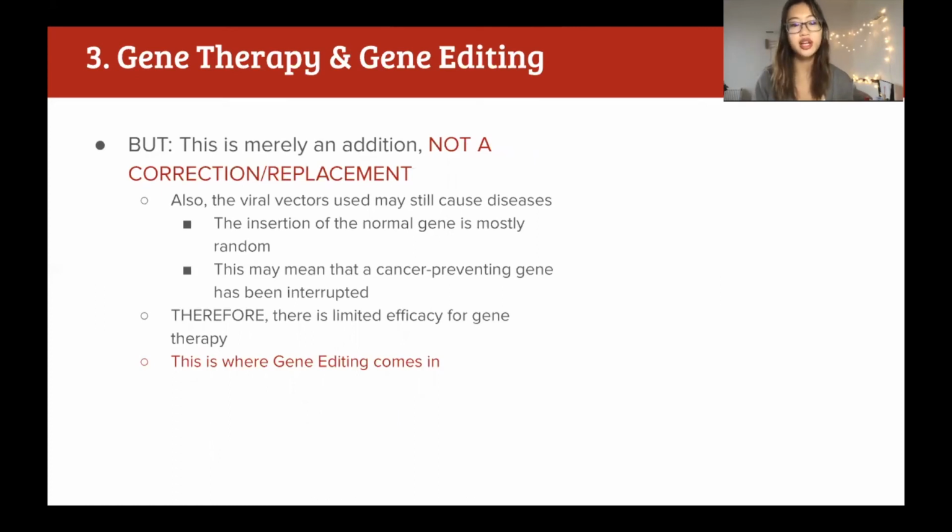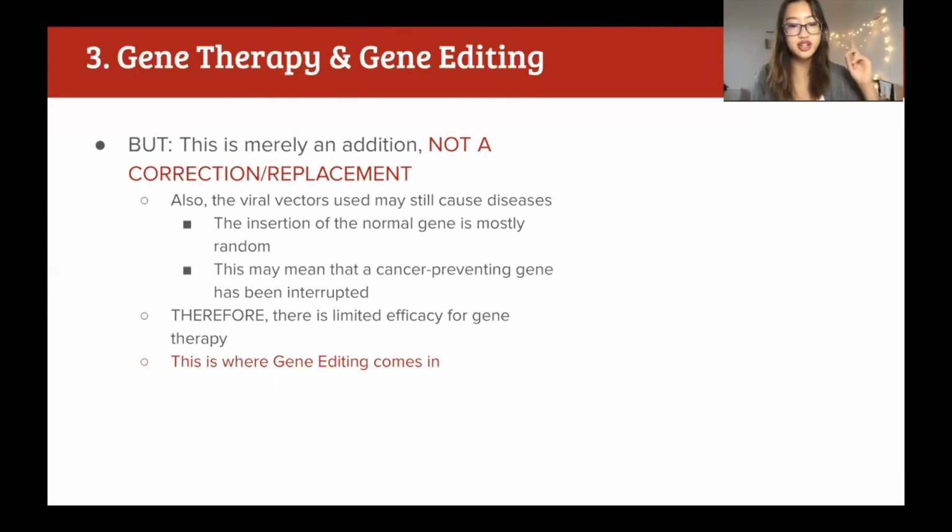But if you have a gene that codes for proteins that hold off the formation of cancer, and you stick a gene right in the middle of it, right? Then this means that your cancer-preventing gene is going to be disrupted, and your defenses against cancer are just going to be lowered, and that's going to spell trouble for you. So therefore, this is limited in its efficacy for gene therapy.